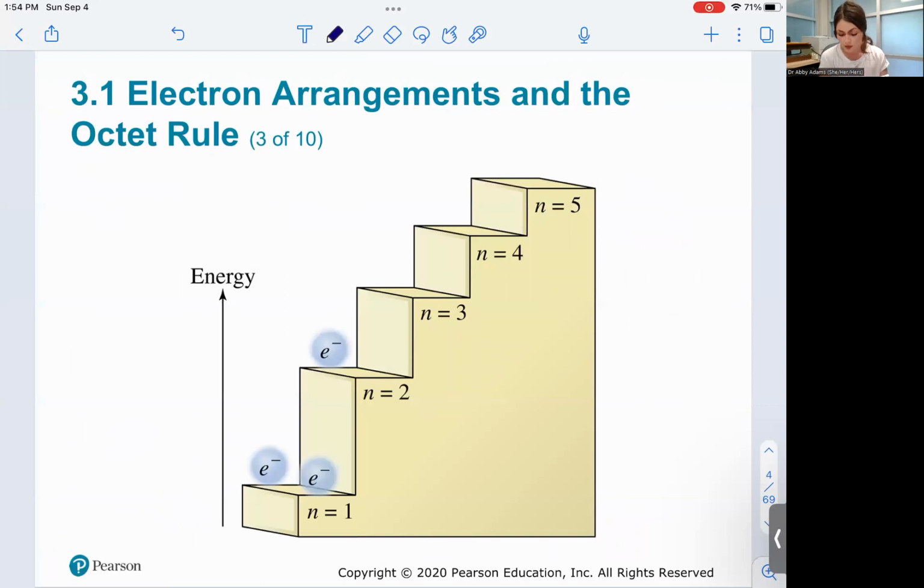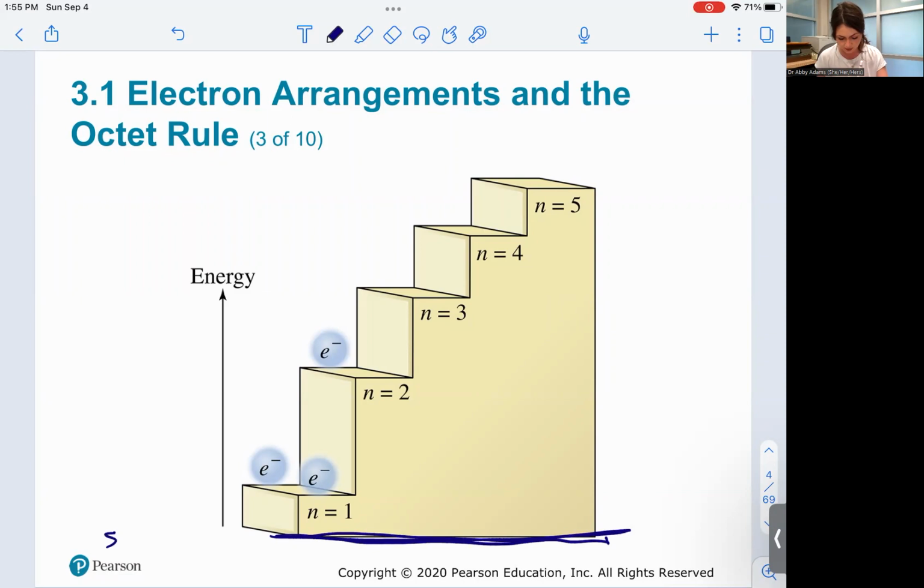One way you can think of all of this is like a staircase. Consider the nucleus of an atom to be the base of this staircase.